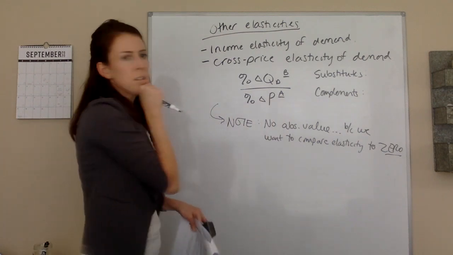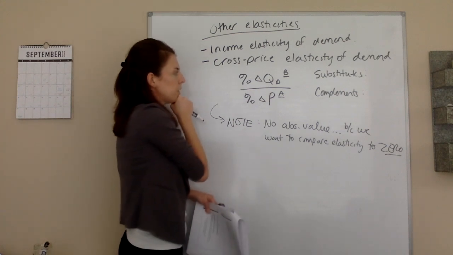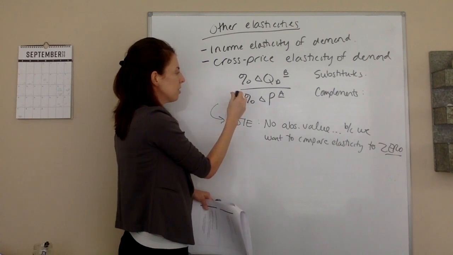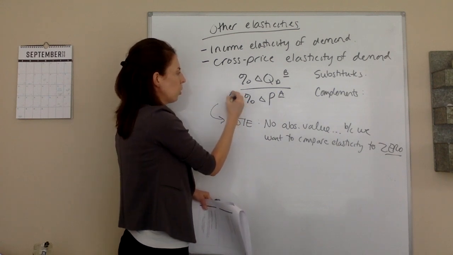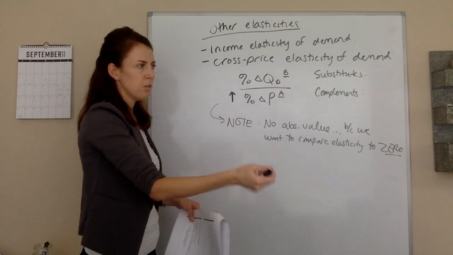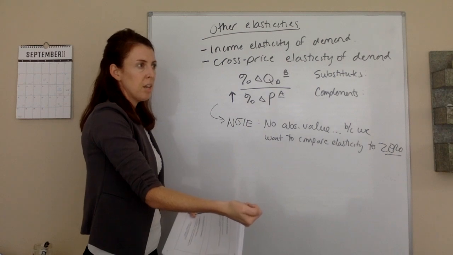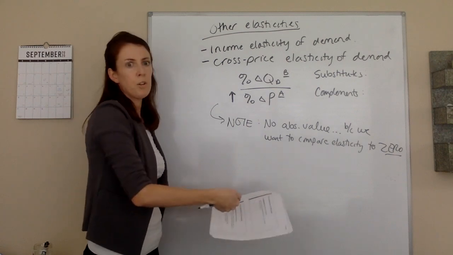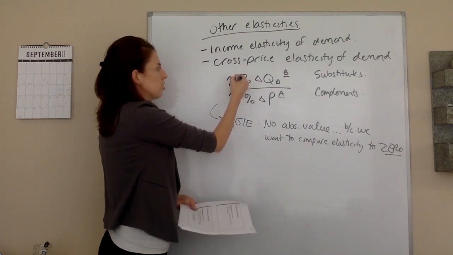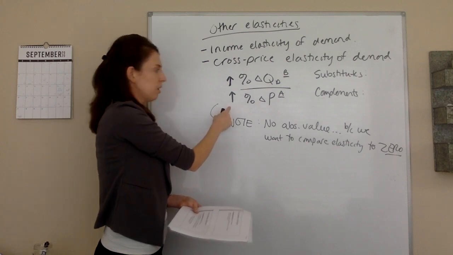Okay, if we have two goods that are substitutes, so let's say pencils and ballpoint pens, then if the price of pencils goes up, well, if you're standing in Target and you need to buy a writing utensil and you see that pencils are super, super expensive, the price has increased, then what do you do? You just switch over and you buy pens instead. So your quantity demanded of the other good is going to increase because the first thing became more expensive.